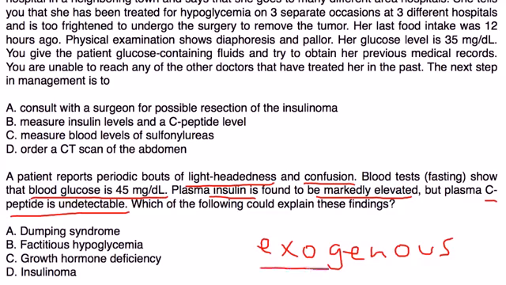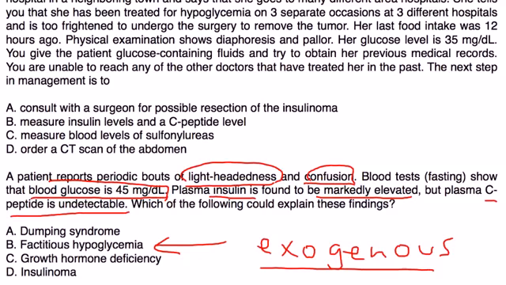So this is exogenous. Most likely, although the question doesn't give much detail, it's factitious. He or she is probably injecting themselves with insulin, trying to fake symptoms, and that's why the blood sugar is so low, because insulin is dropping the blood sugar. They do have real symptoms, but they're doing this purposely to assume the sick role.